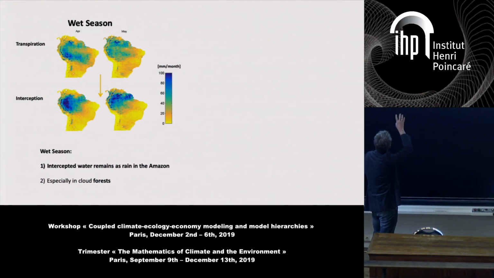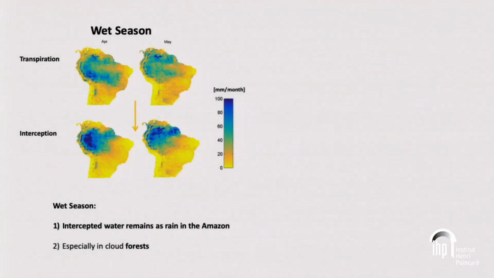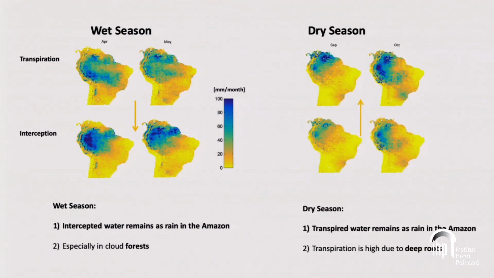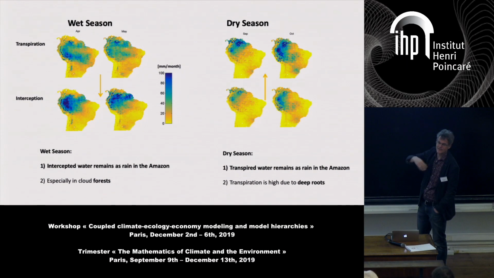And this interception value is just much higher compared to the transpiration fluxes. But if we move to the dry season, then we really see that the transpiration fluxes become more important in the recycling compared to the interception fluxes.